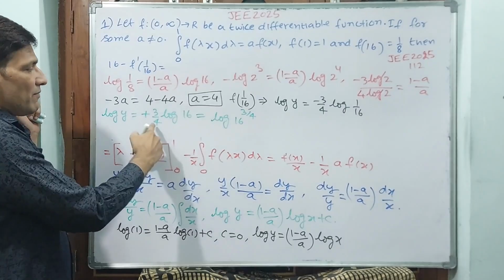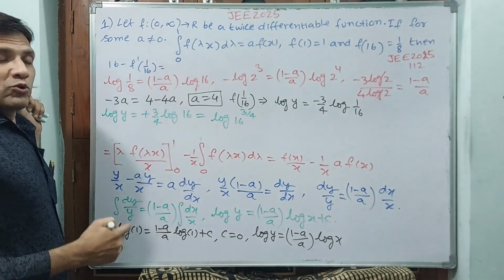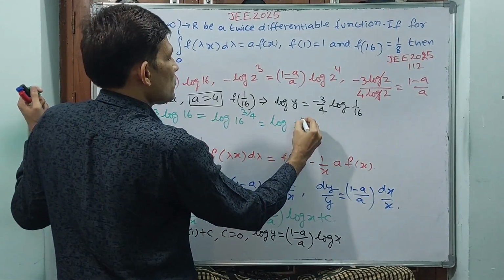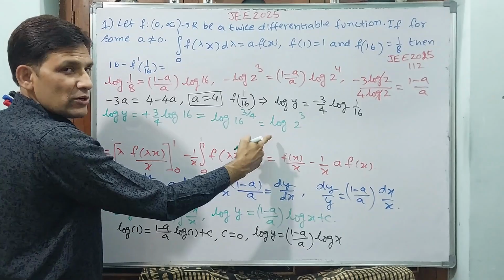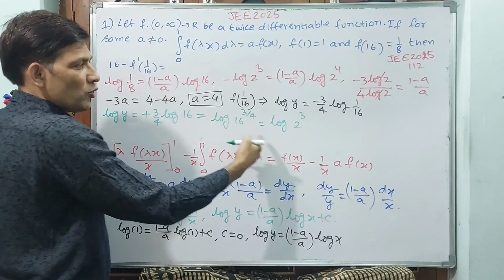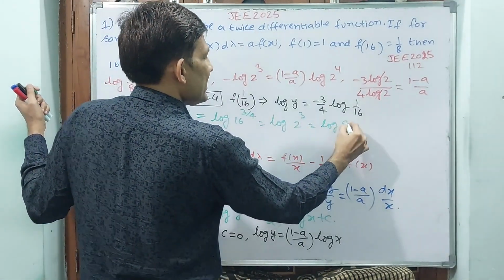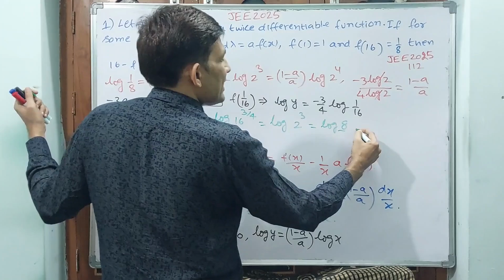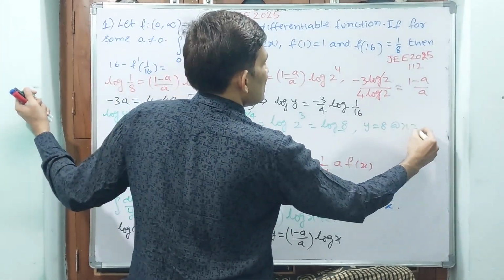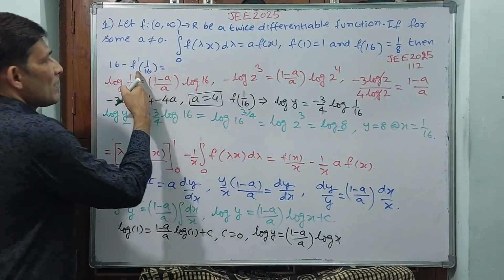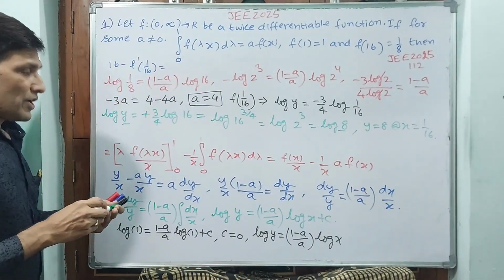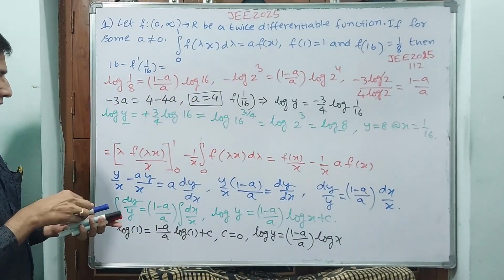What is the fourth root of 16? 2. Log 2 cube, because the fourth root I have already made. 2 power 4 is 16, 16 power 1 by 4 is 2, 2 cube is 8. Log y is equal to log 8 means y is equal to 8 and x is equal to 1 by 16. F of 1 by 16, f of, not f dash, is 8.